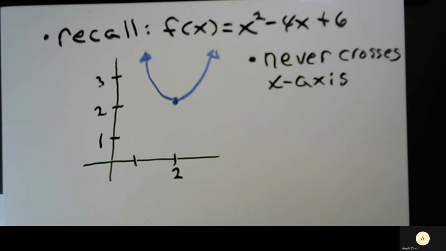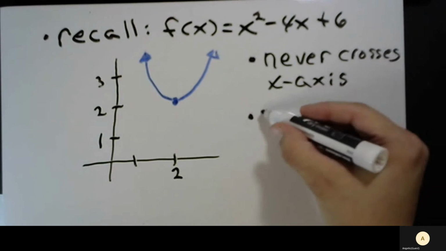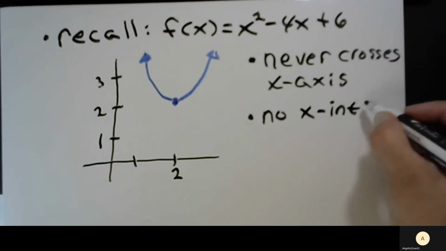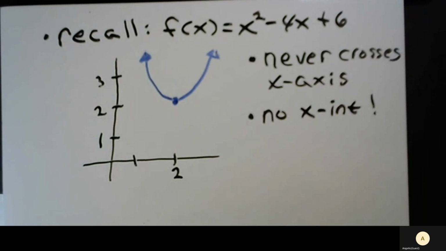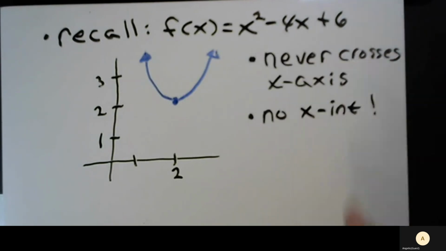When you're looking for the x-intercepts, but this doesn't have any x-intercepts, what does this do to our quadratic? So we're going to try to find the x-intercepts on this quadratic function that doesn't have any. And this is where that concept called the discriminant comes in.